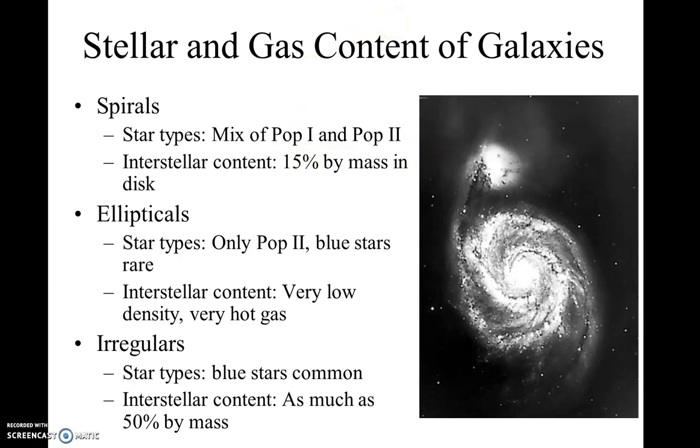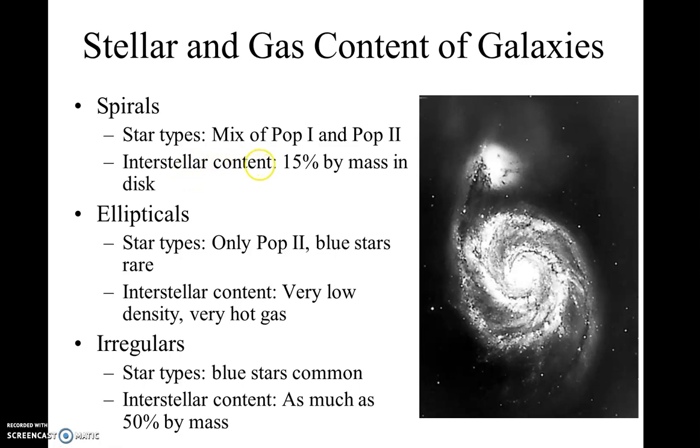The pop 2 stars tend to be out in the halos of these galaxies. There are some pop 2 stars that you find within the galaxy, but that's pretty rare. It's mostly in the halos. You get the mixture of the two.